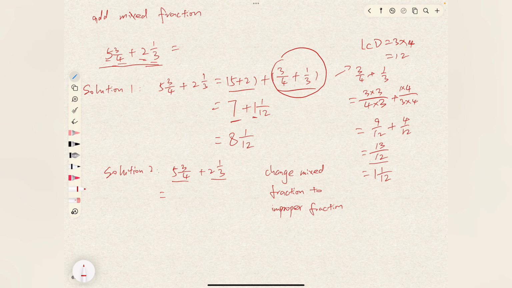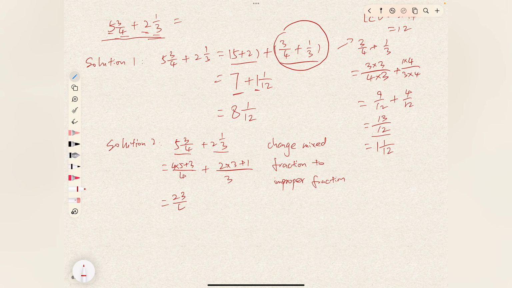By doing this one, it's 4 times 5 plus 3. This one is 3, copy down, 2 times 3 plus 1. So that will give us 23 divided by 4 plus 7 divided by 3.